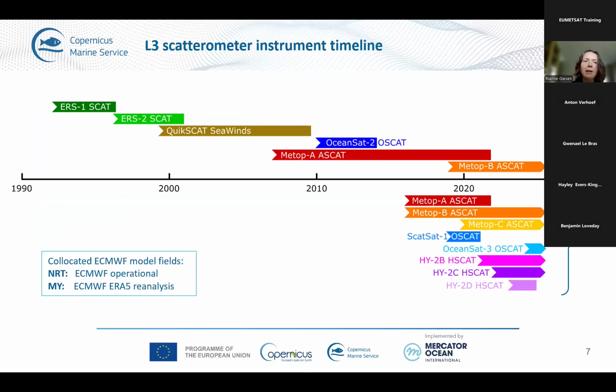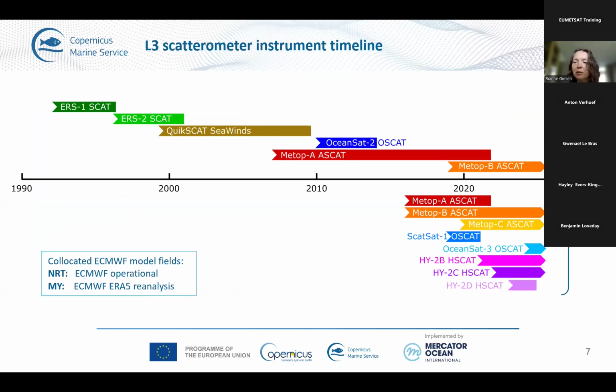This is a timeline of the scatterometer observations that we provide in the level 3 product. So in the multi-year product, there's various satellites. These are reprocessed data sets, and there's always a bit of overlap between different data sets. Well, for the near real-time product, we have a large number of scatterometers.